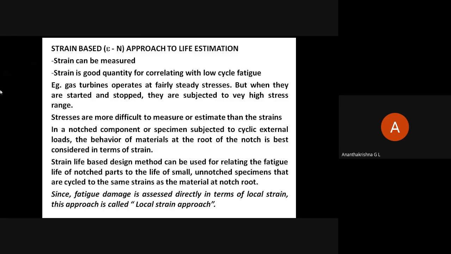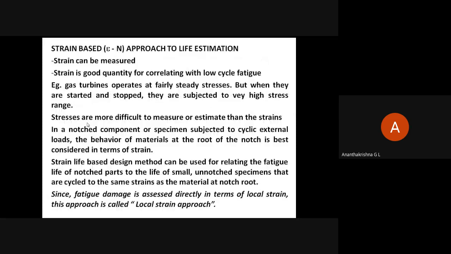Now, for example, gas turbines operate at fairly steady stresses, but when they are started and stopped, they are subjected to a very high stress range. Stresses are more difficult to measure or estimate than strains because you cannot have an instrument to measure stress directly, whereas you can have instruments to measure strains directly. In a notched component, notch is a discontinuity.